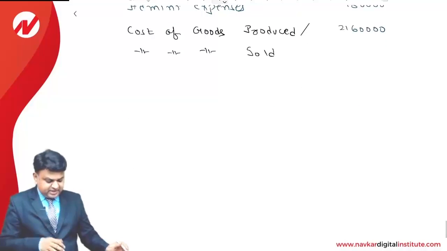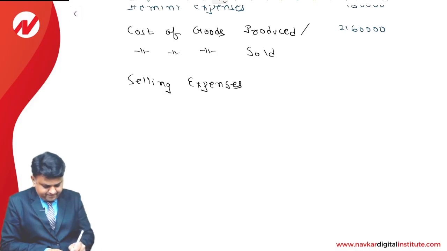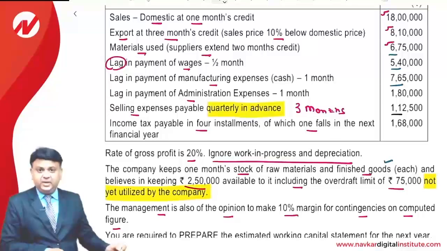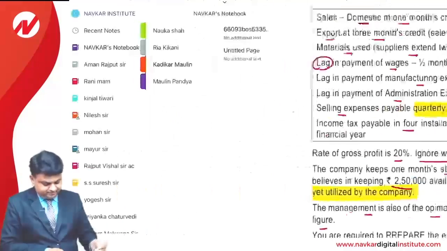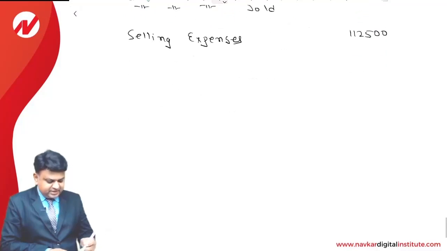Now we will add selling expenses. The selling expenses are provided as 1,12,500. With that, we'll get the cash cost of sales.